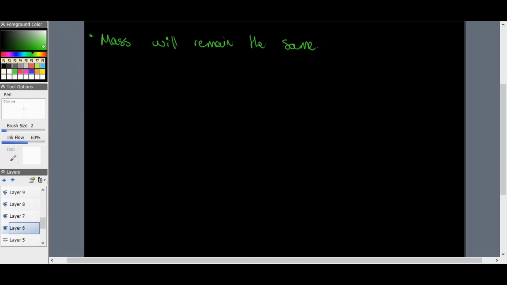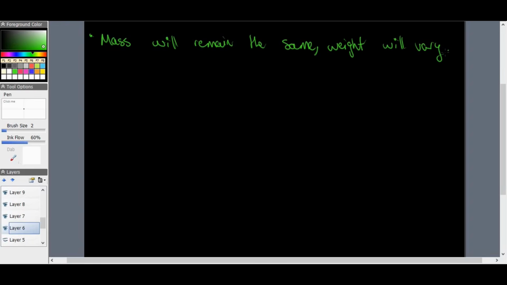So if you weigh yourself on the moon, your mass will stay the same. But weight will vary, because it's calculated by taking your mass times the gravity, or the gravitational pull. So your weight on planet Mars will be different from your weight on planet Earth. Obviously, because by the formula that I just showed you, W is equal to mass times the gravity.